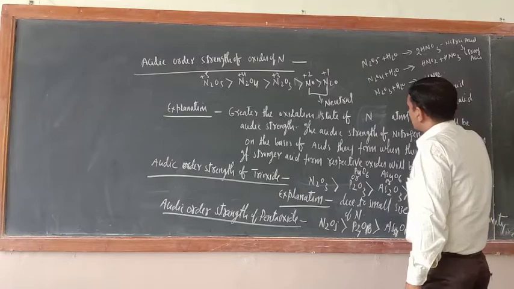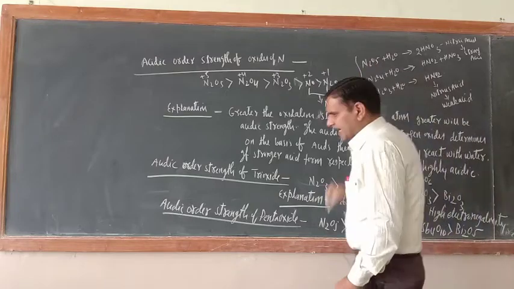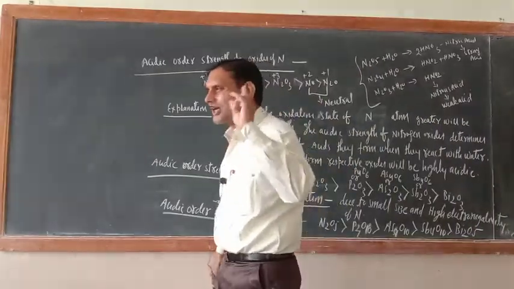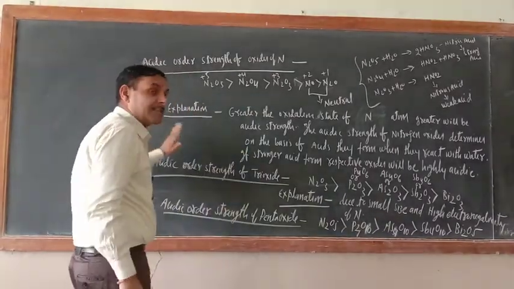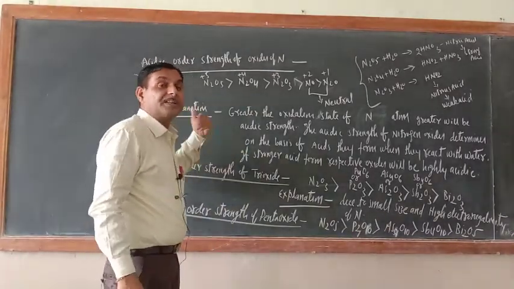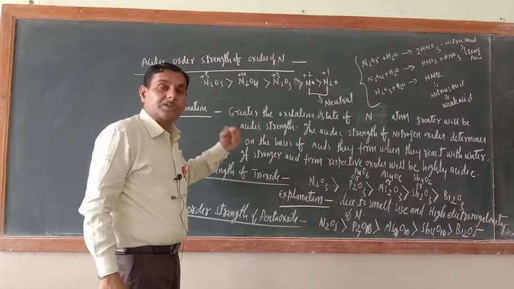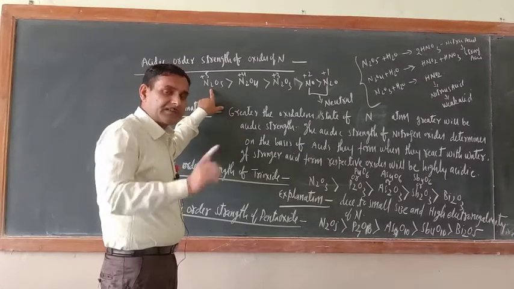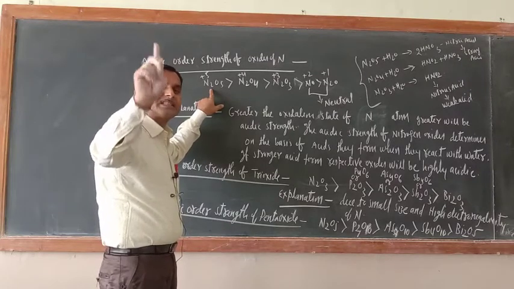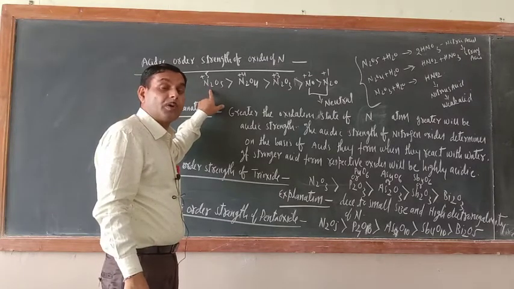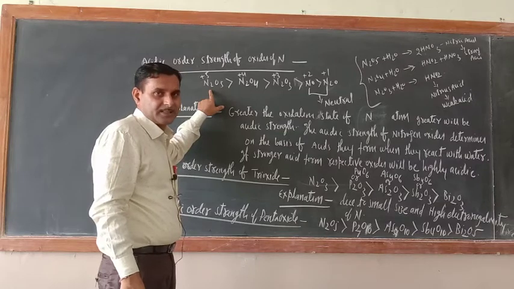So what did I tell you? I told you the acidic strength of oxides of nitrogen is judged on the basis of the acid they form when they react with water. Since N2O5 reacts with water and forms nitric acid, which is a strong acid, N2O5 is the stronger acidic oxide.